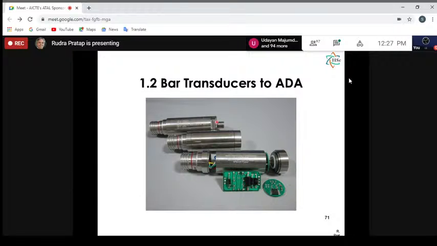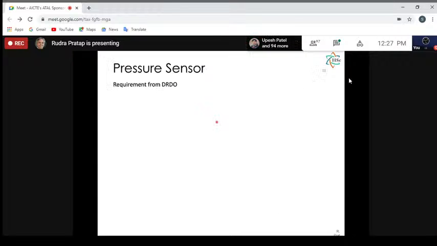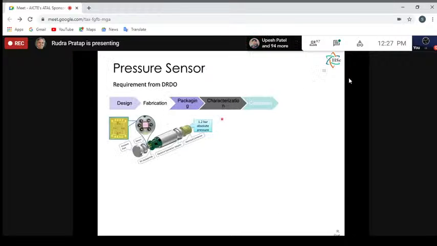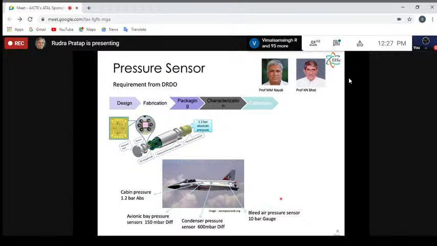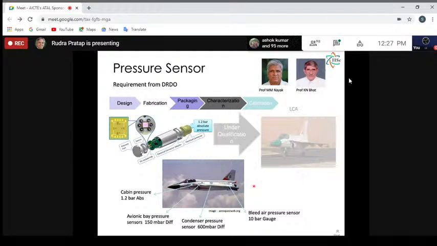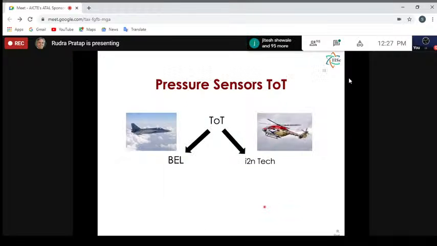It's a pressure transducer today, which is a really good product, which is commercially being now sold by a company to which we license the technology, and now HAL is using these sensors. Okay, so all the way from design to fabrication to testing to qualification to commercialization, we have done it all.